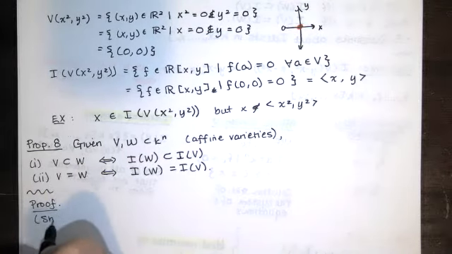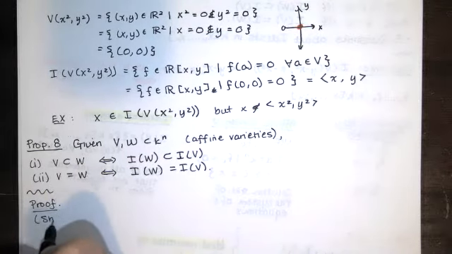Okay, so let's assume this. Simple proof, direct proof. Assume that V is a subset of W. And remember what that means. That just means that if you have a point A that's in V, then you automatically know that that point is in W. That's what a subset is.